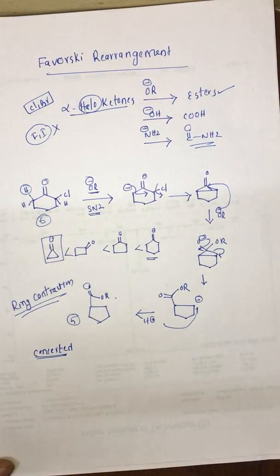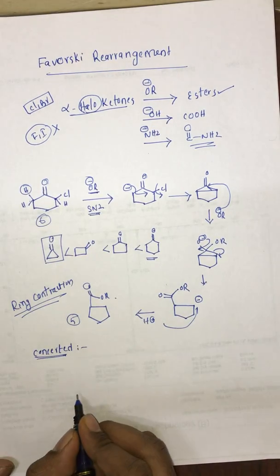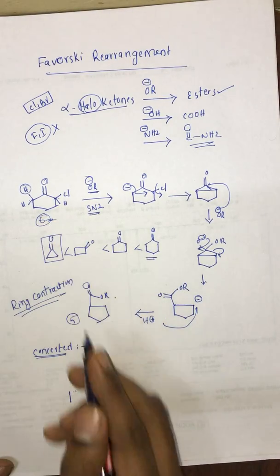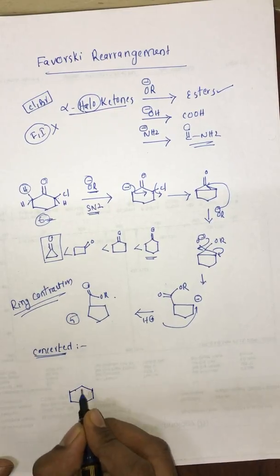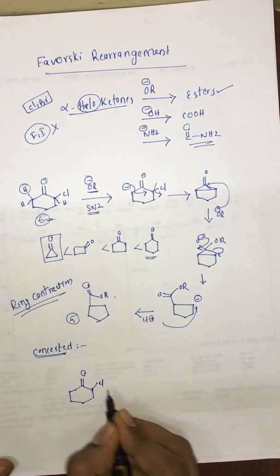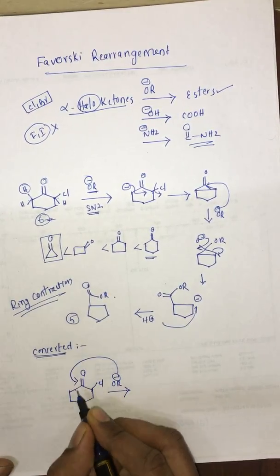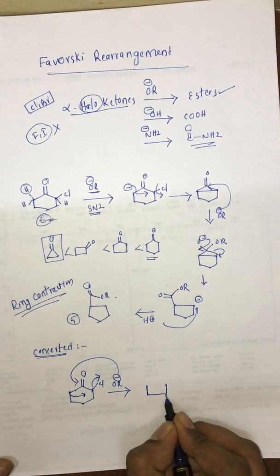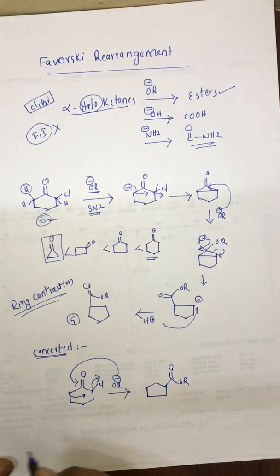The concerted mechanism is not acceptable, because if you draw the same alpha halo ketone and go for the concerted mechanism, this comes here, so everything will happen in a single step, and there may be chances for formation of a mixture of products.